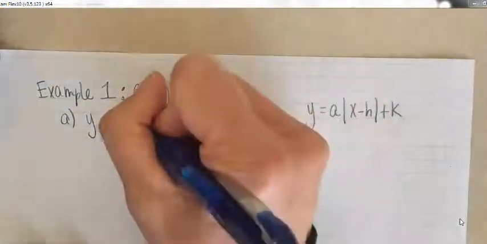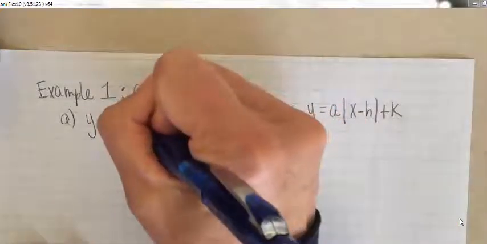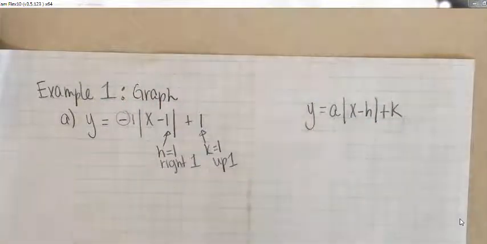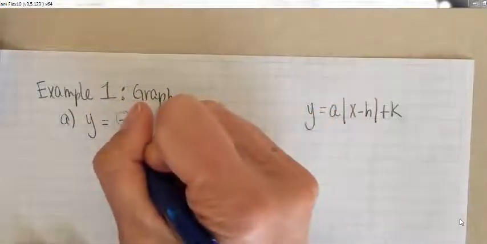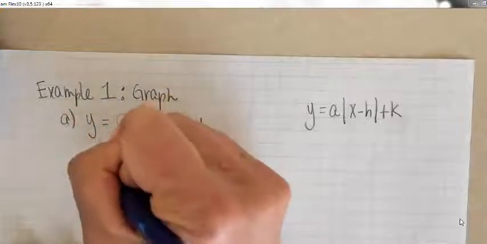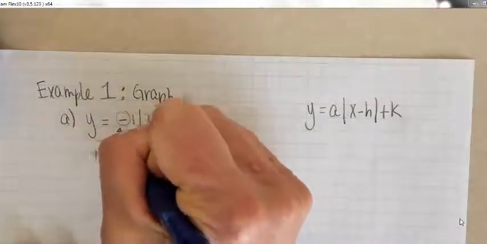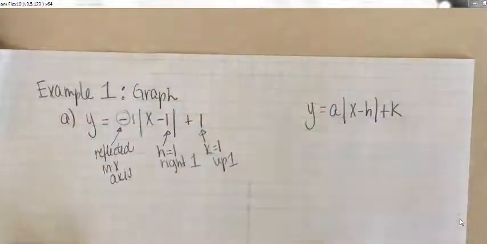And my a, if you notice here, there's a 1 there, right? So the absolute value of a is 1. So that means it hasn't vertically stretched or shrunk at all. But what it has done is this negative basically makes it open down. We call that a reflection in the x-axis. So this is reflected in the x-axis. In other words, it opens down.